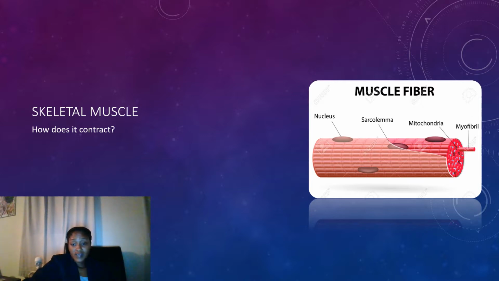It's just going to pass down the gradient and dwindle away. But if you have a high frequency of stimulation, that means it's being stimulated a lot, and you're going to get that all response, the part where it's going to contract and there's nothing you can do about it.